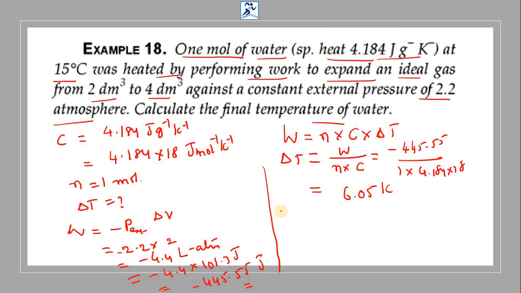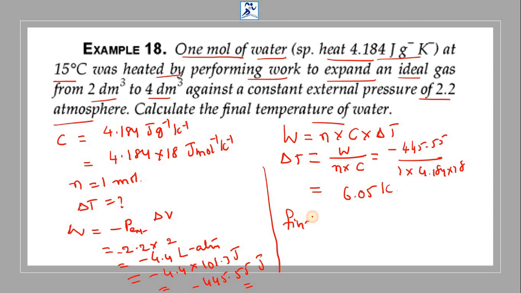And you want to find the final temperature here. The final temperature will be the temperature given in the question, 15 degrees, which is 288 Kelvin, plus this 6.05 Kelvin.